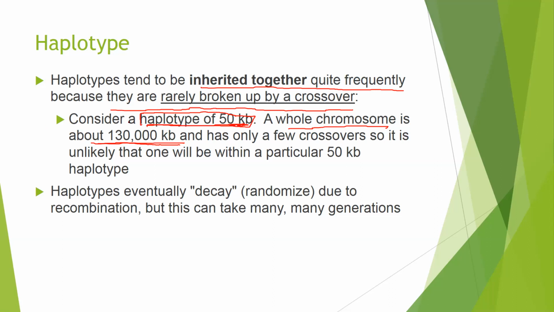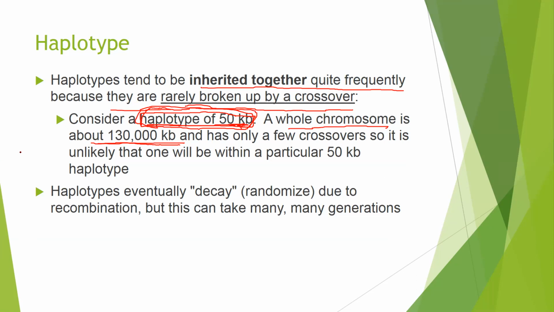This is the reason why, even in the entire population, generation after generation, you still see the intact haplotype, because the haplotype is short, and it is very rare to chop up this haplotype by crossing over during meiosis.